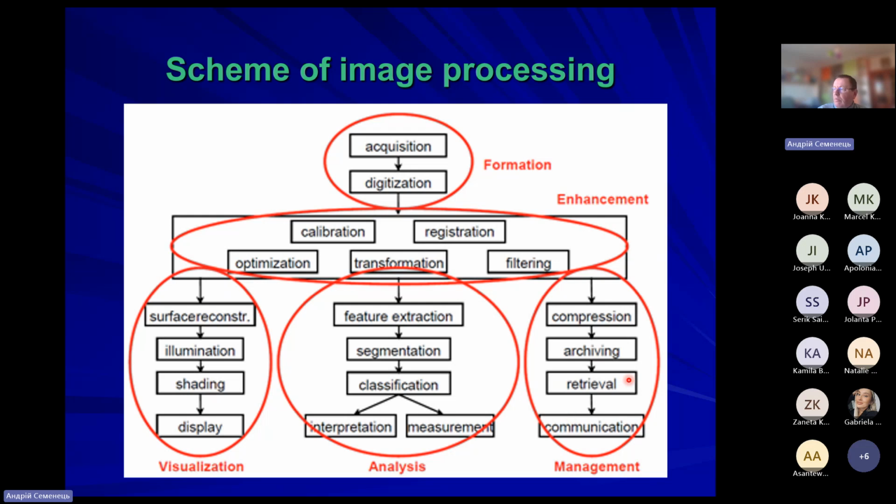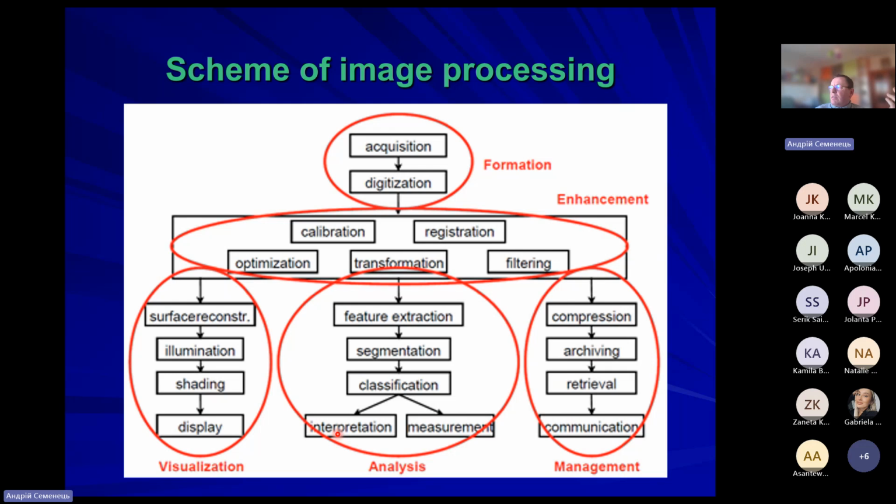So it could be used and managed as is, for example if we're talking about conventional X-ray. But what is most important and most useful in modern times is automated analysis. It involves feature extraction, segmentation, classification, interpretation, and measurements.